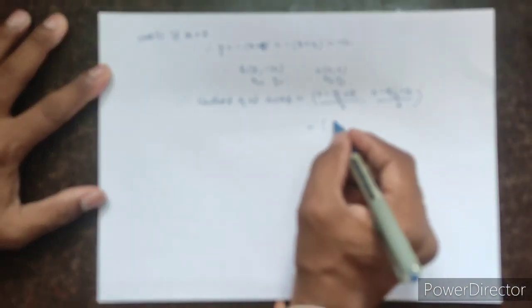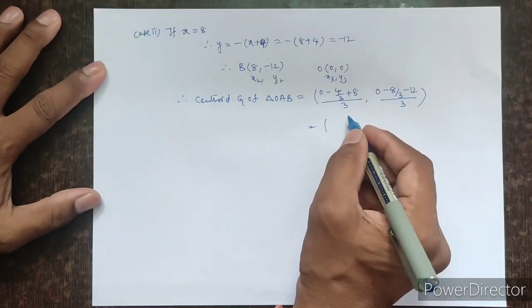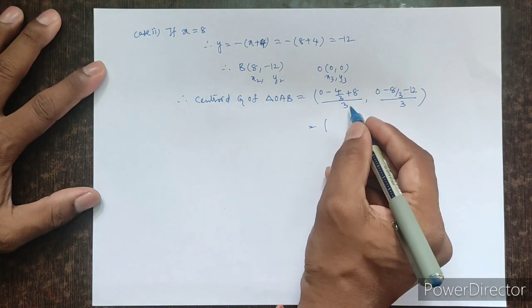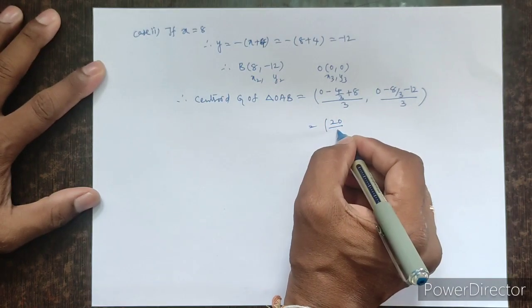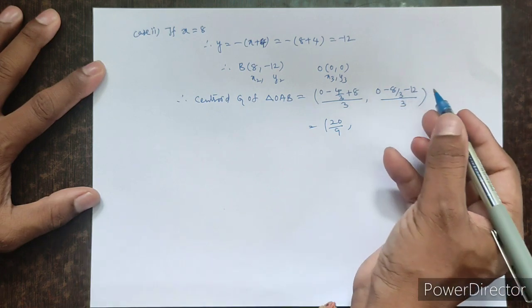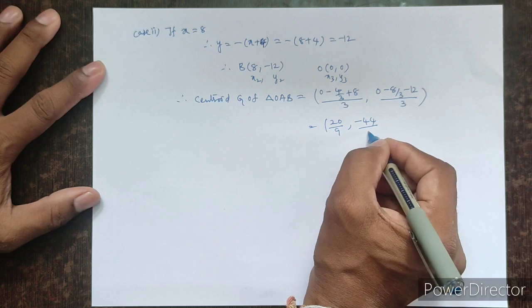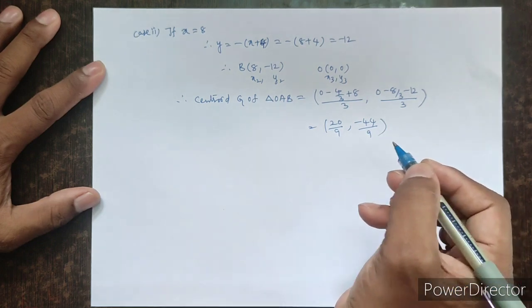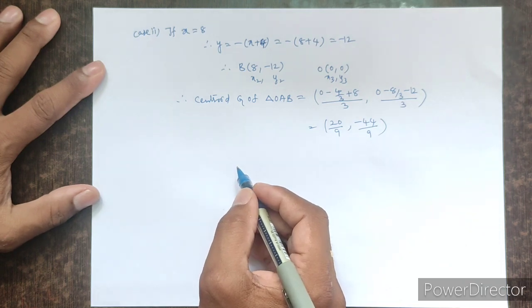By simplifying, this is minus 4 plus 12 plus 24, which is 20. 20 by 3 by 3 is 20 by 9. This is minus 8 minus 36, minus 44 by 3 by 3, which is 9. So this is the centroid of triangle OAB.